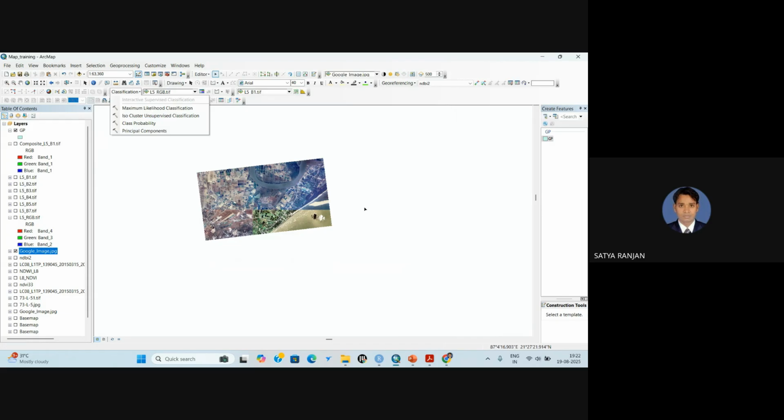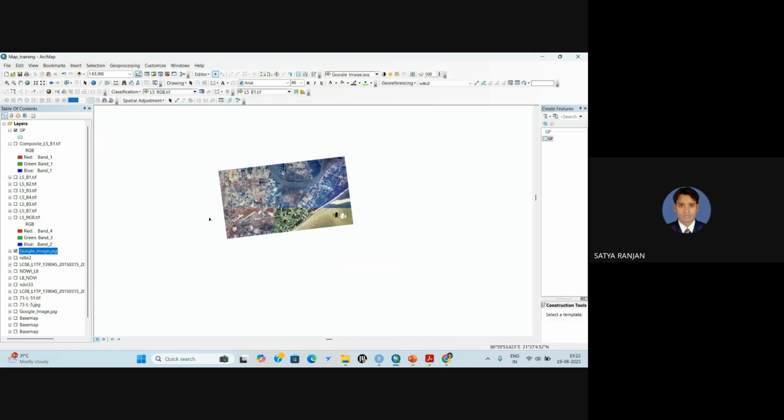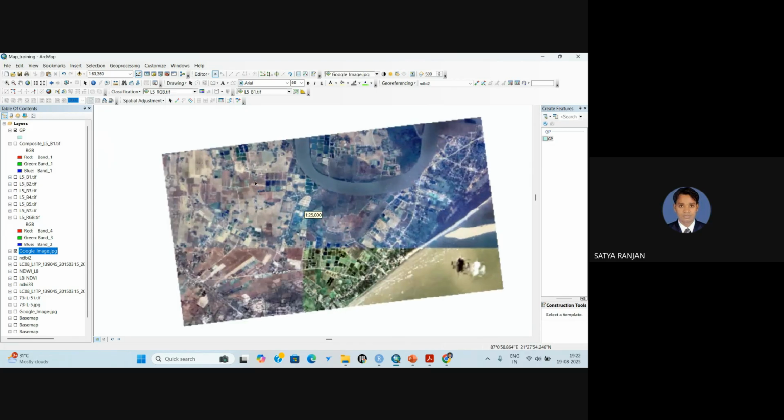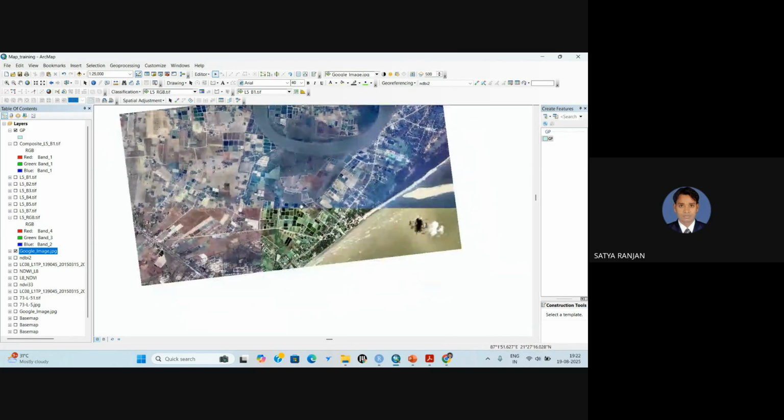I will check later. Okay, so likewise, all these unsupervised classifications are there, and they just create the boundaries of different classes.